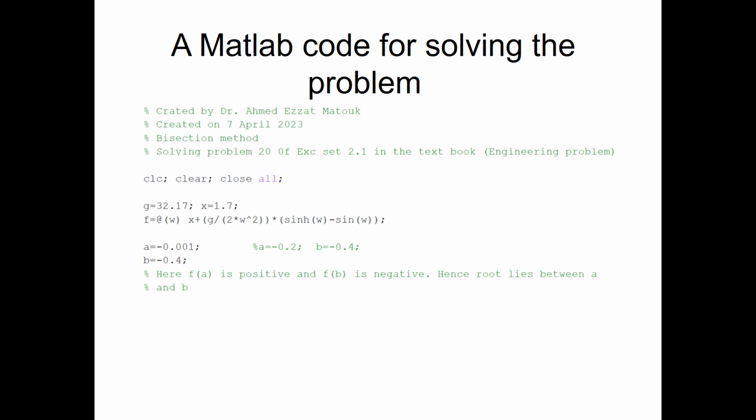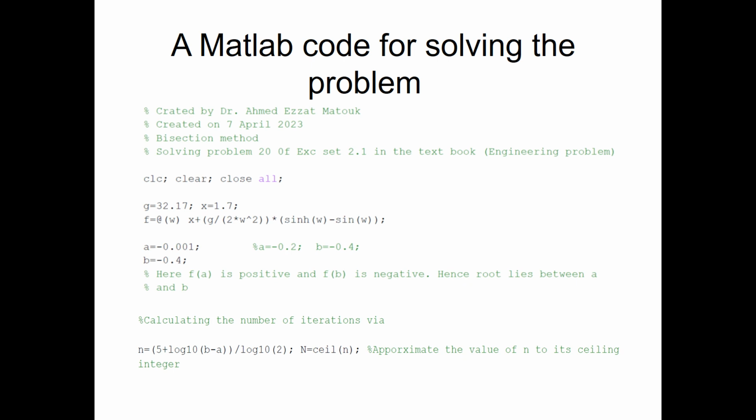Here the variable is w, and the limits of the interval: a, the upper bound, is minus 0.001, and b, the lower bound, is, as we have discussed before, minus 0.4. Also, we will put the conditions for the number of iterations.